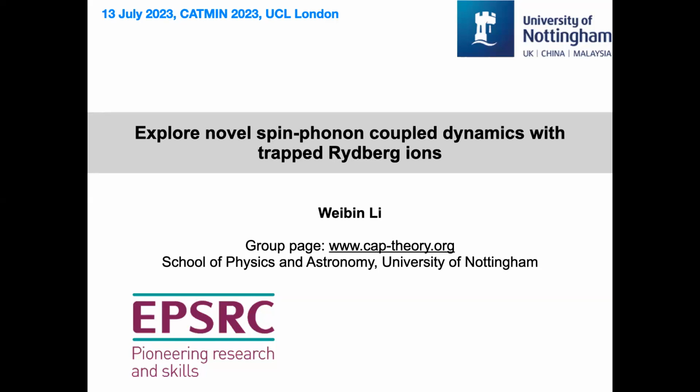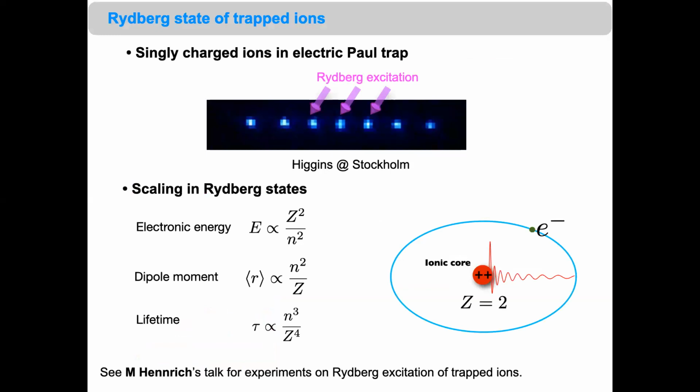In this talk, I will focus on Rydberg states for trapped ions and what we can do with them. This is a picture from Markus Hennrich's experiment, one of the PhD experiments. You see a linear string of trapped ions in the ground state.